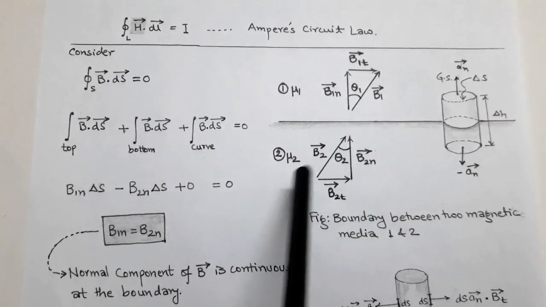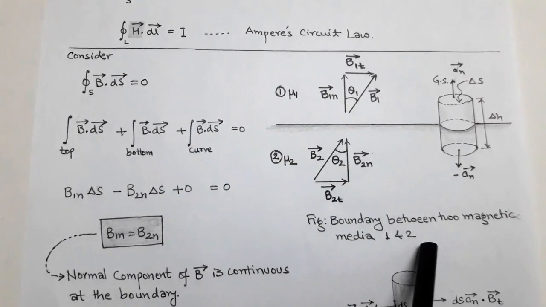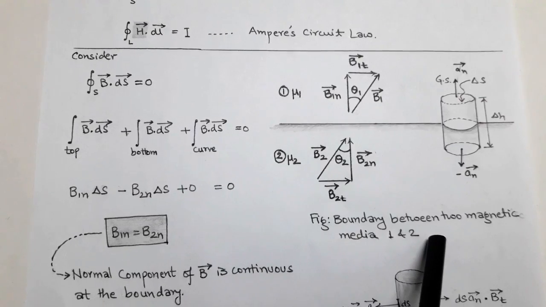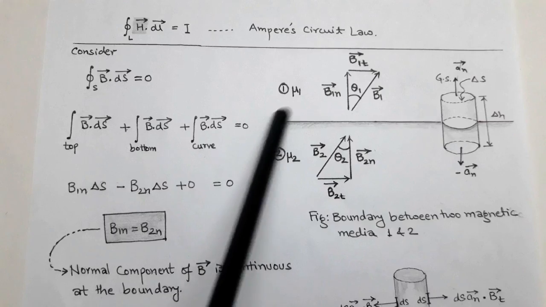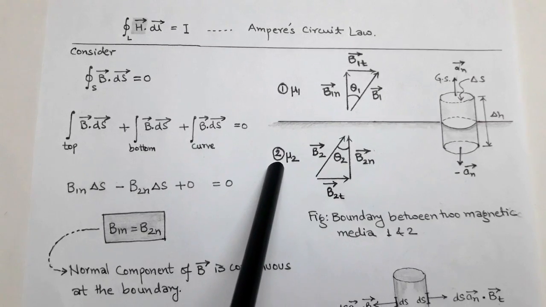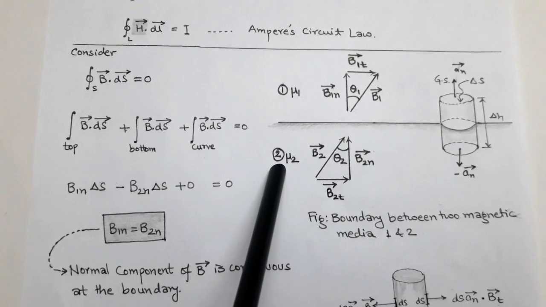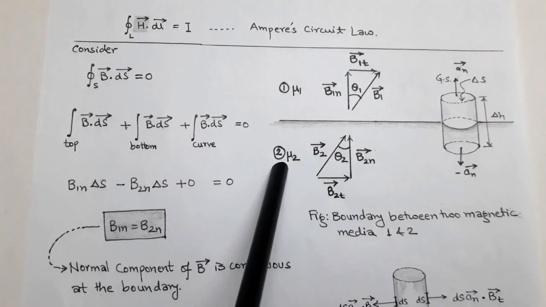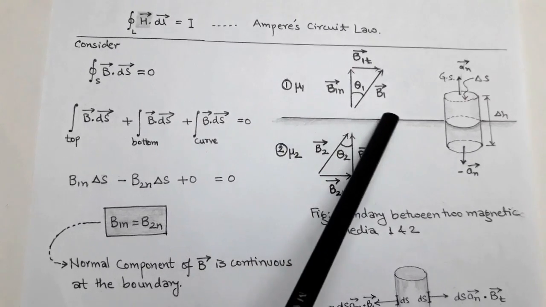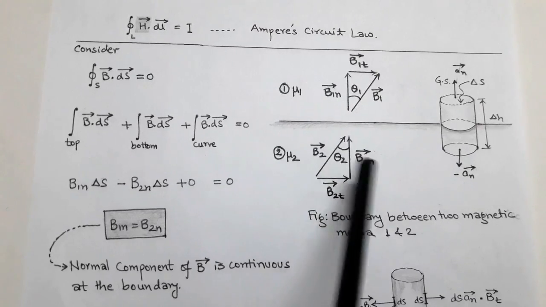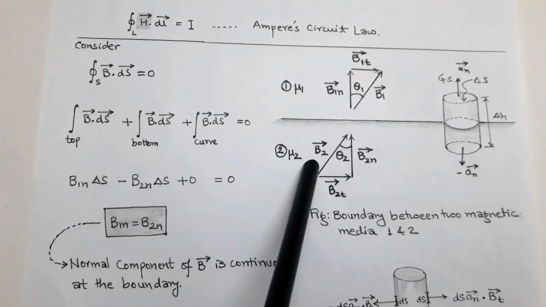And here we consider a boundary between two magnetic media. We call it medium 1 having permeability mu1 and medium 2 having permeability mu2. In medium 1 we consider a magnetic flux density B1 and in medium 2 we consider magnetic flux density B2.